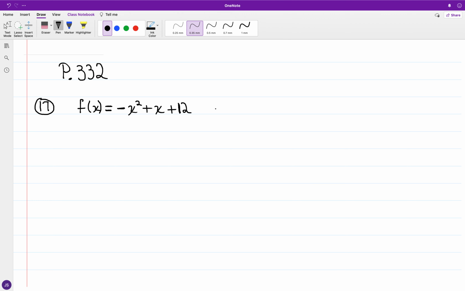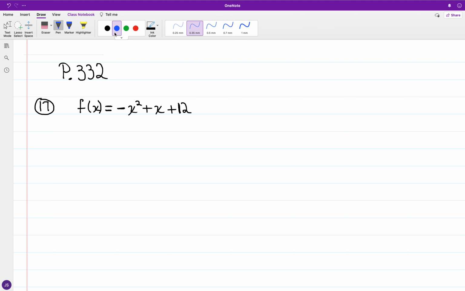And for what we have on page 332, in the case of number 17, we have a function f of x set equal to negative x squared plus x plus 12. And we have a 5-part problem situation with this particular function.